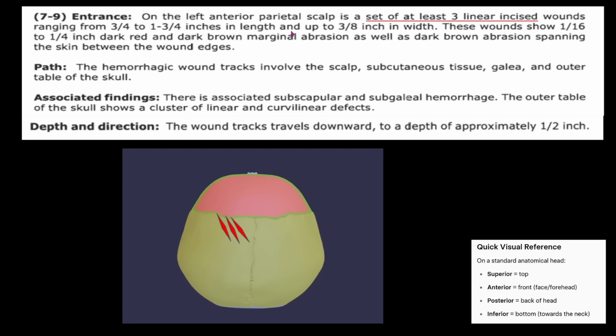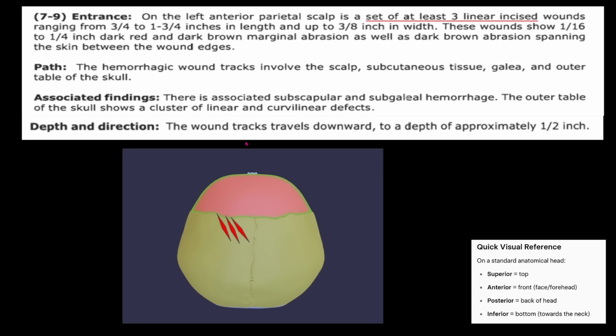Now you can see right next to that is a set of 3 linear incised wounds, 3/4 of an inch to 1 3/4 of an inch in length, up to 3/8 inch in width. And it also talks about the outer table of the skull, which shows a cluster of linear and curved linear defects.